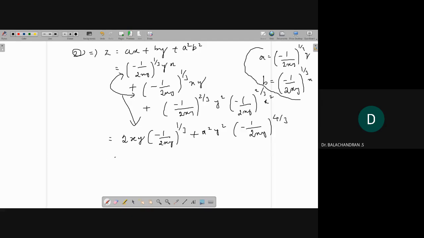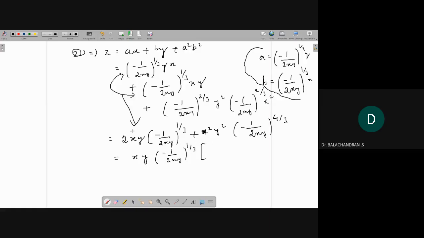So this is equal to... what is common in these two expressions? This is x square, this is y square. So xy is common, and also minus 1 by 2xy whole power 1 by 3 is also common.